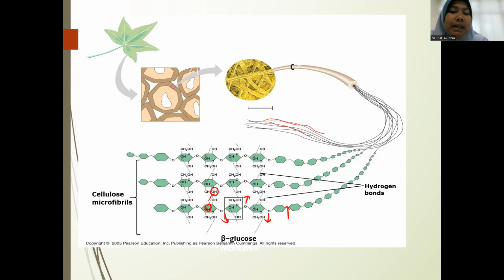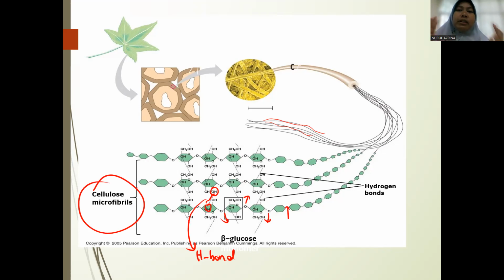So ini yang kita panggil sebagai ikatan hydrogen bond. Right? So dia mengikat satu strand dengan strand yang lain and become a very strong microfibril. Okay, right. So in other words, for cellulose, kita boleh nampak they are not only having beta 1,4 glycosidic linkage, cellulose also have another ikatan, another bond that we call as hydrogen bond.